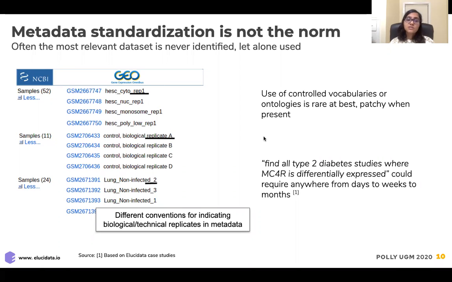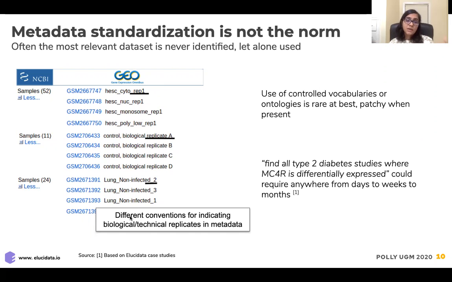So it's not just making a data set analysis ready. Once you find it, often you will actually not be able to find the most relevant data set to your research question. On the left are examples of 3 different studies from Gene Expression Omnibus, and you can see different conventions for indicating biological and technical replicates.